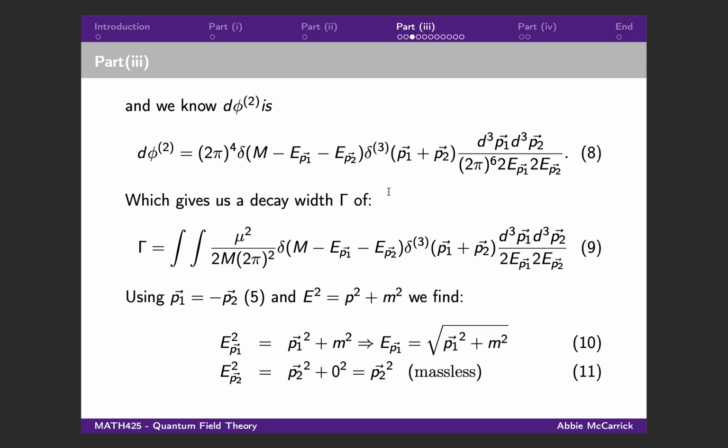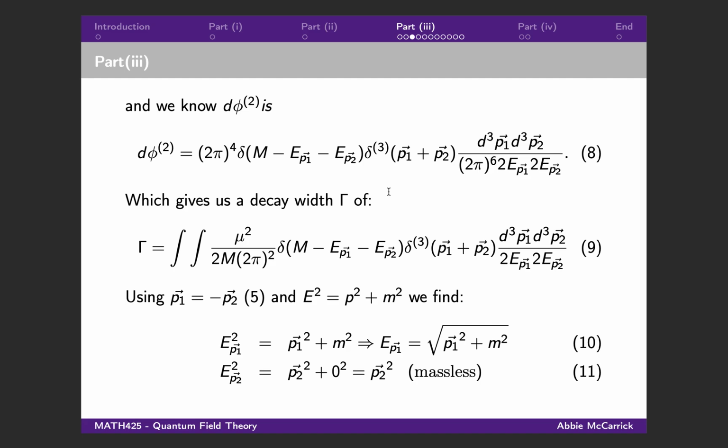Similarly, we can do this for Ep2, so we'll start with Ep2 squared equals p2 squared, and we would usually have a mass term squared there, but obviously we know that phi 2 is massless, so we would just have the momentum on its own. So Ep2 squared is equal to p2 squared, meaning that taking the square root, we just get the energy of p2 is equal to p2.